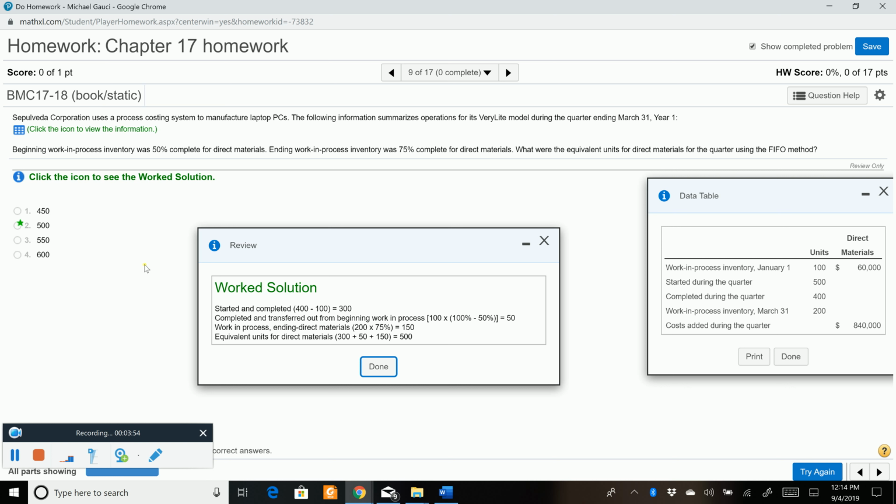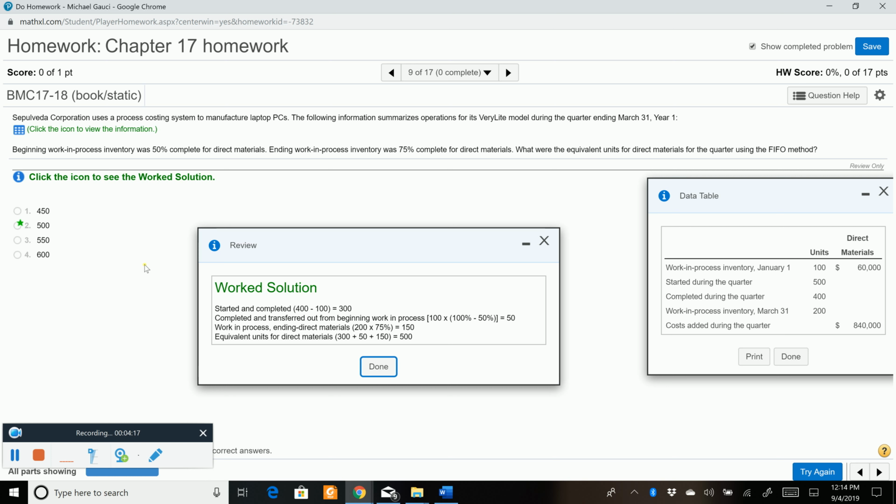And we can see the amount of direct materials costs added during the period were $840,000. Well, this question doesn't ask us anything about the dollars. So really that is additional information that we can zone out at this point. We were asked in this question to figure out the equivalent units for direct materials.